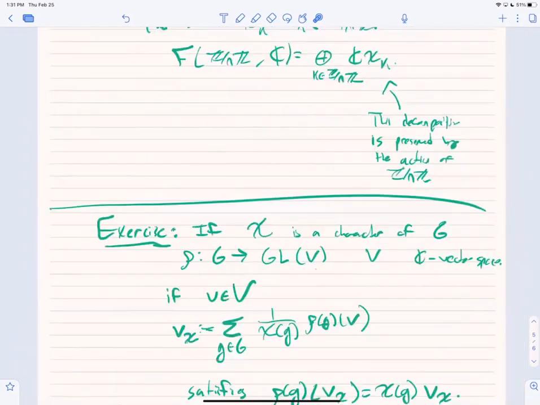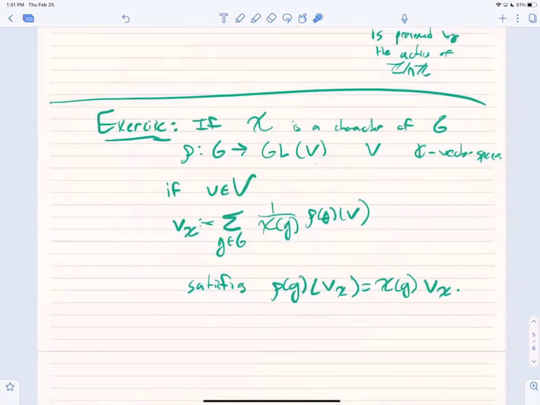If you expand this out in this example, where V is functions from Z mod NZ to C, you'll see some other version of writing down the Fourier coefficients. In general, for an arbitrary representation, you can break it down into irreducible representations. Some of those are one-dimensional; those correspond to characters. And this gives you the formula for doing the orthogonal projection onto that character space.